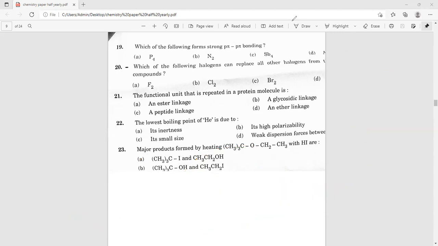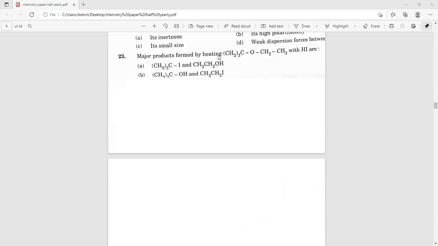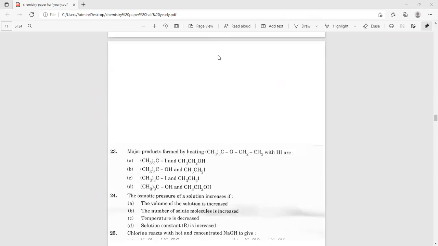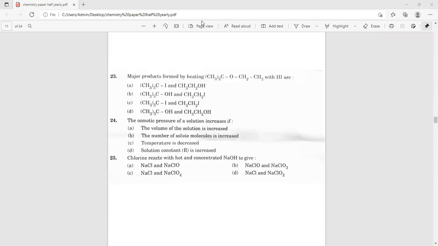And question number 24. Question number 24, osmotic pressure. We know that the formula of osmotic pressure is CRT, right? And πV is equal to nRT.